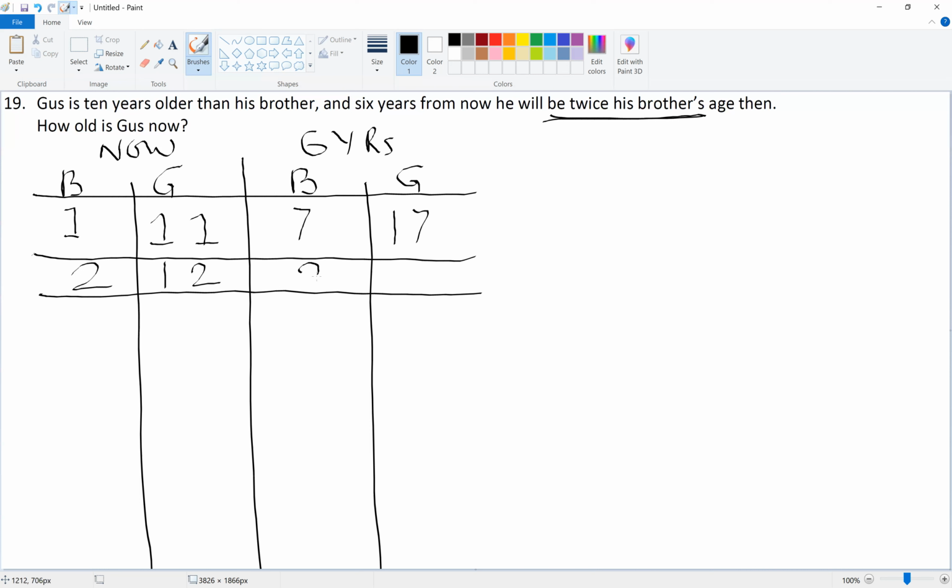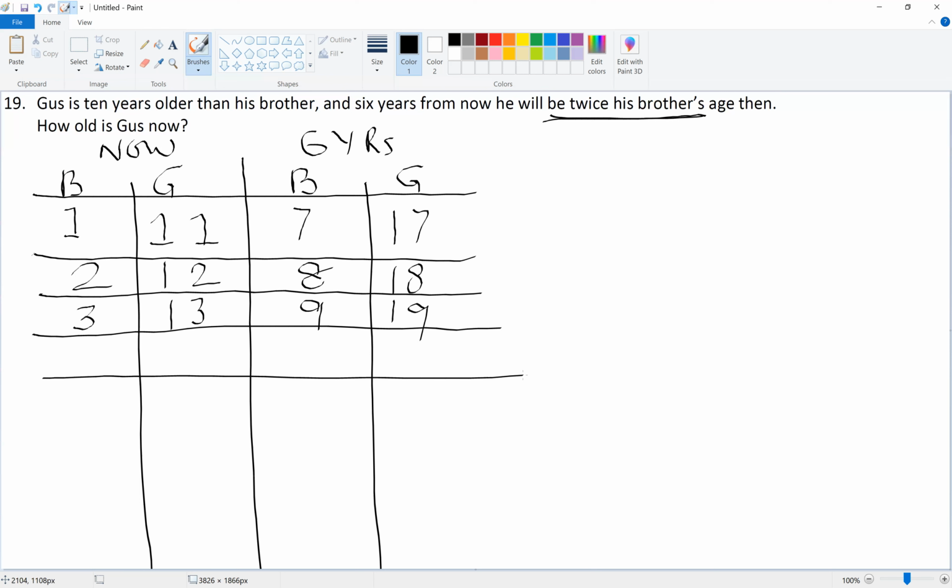And this would be 8 and 18. Then 3 and 13, 9 and 19. And 4, 14. This would be 10 and 20. Correct? Yeah, that's right. So Gus would be 14 now.